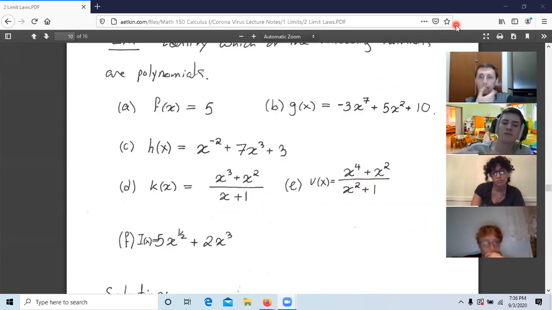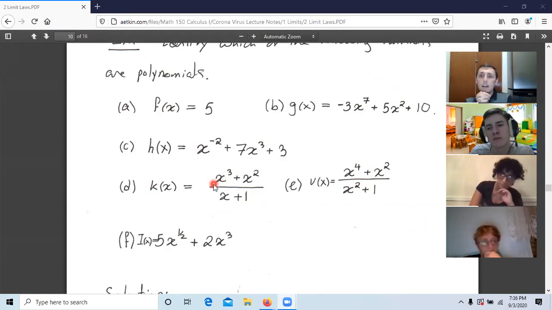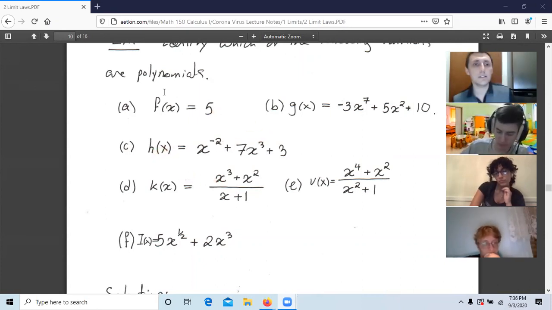Again, can this operation be realized using only addition and multiplication? Clearly, you have division here, right? So I have addition, multiplication, and division, which means, can I get rid of division? Can I express this function without ever using division? If the answer is yes, then it's a polynomial. If the answer is no, then it's not a polynomial. Good? So a lot of you say yes.